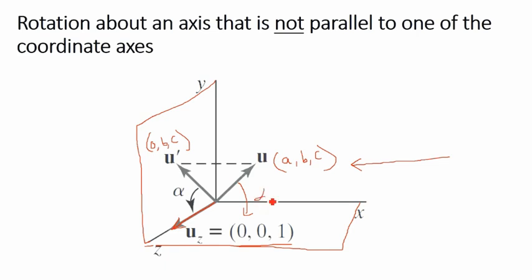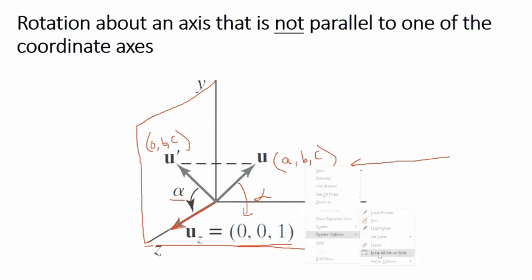Since I know my vectors 0, b, c and 0, 0, 1, and the angle between them is alpha, I am going to perform cross products and dot products between them to get my cos alpha and sin alpha.